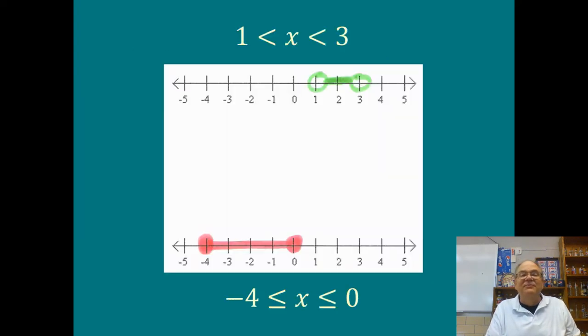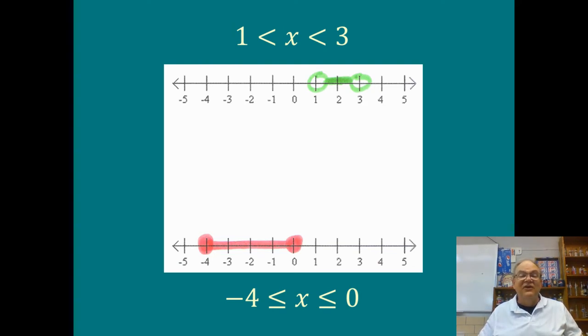The other two examples that I have, what we're really looking at is what we call an interval. It's what's between two numbers. We're basically saying 1 is less than x, which is less than 3. We want the numbers that are between 1 and 3, and that's why my answer ends up being like a line segment that starts at 1, it goes to 3, and since I don't have any equals there, I just have circles at the end of that line segment.